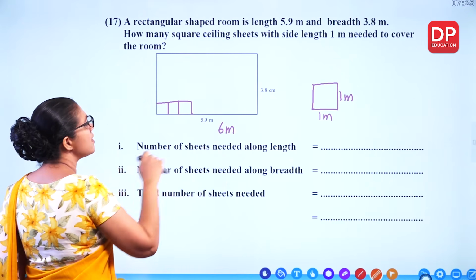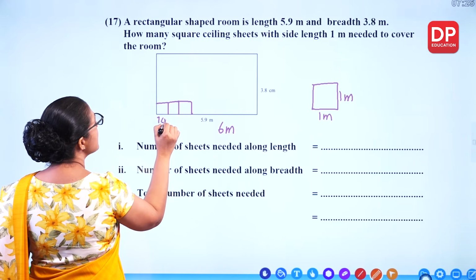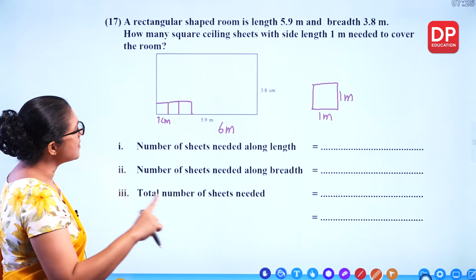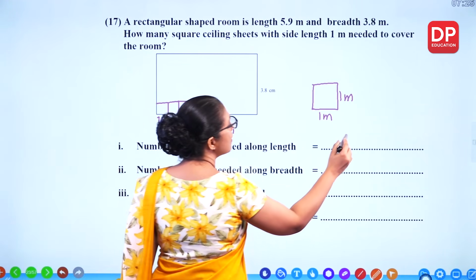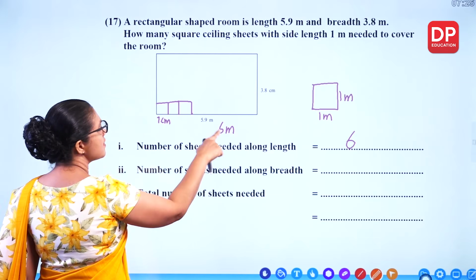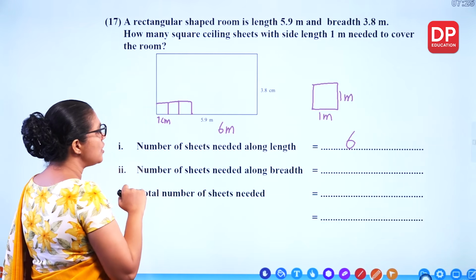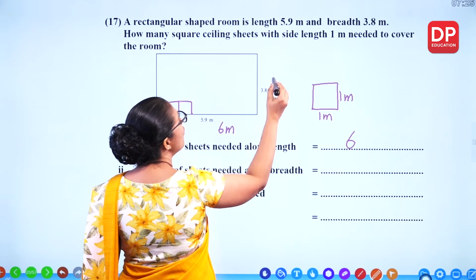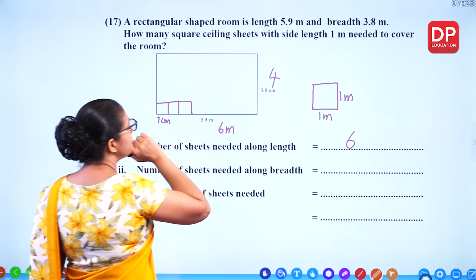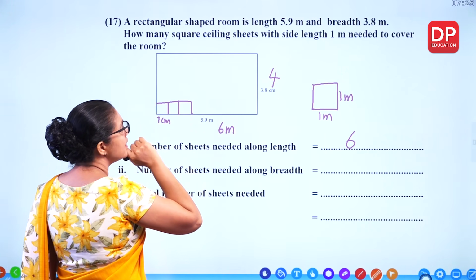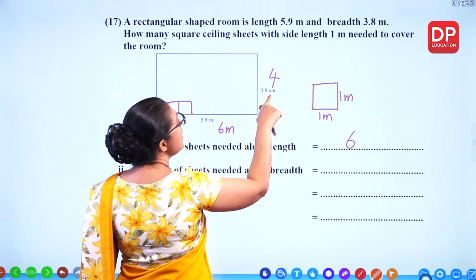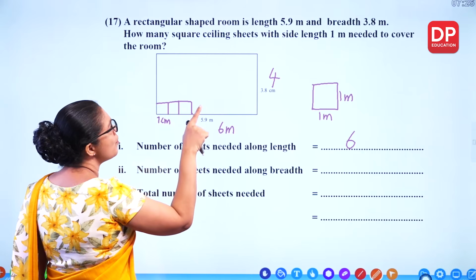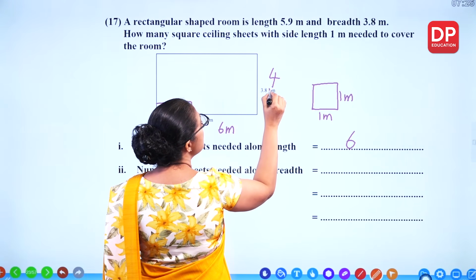So along this one, how many 1 meter squares we need? 6 along length because this is 6. How many sheets needed along breadth? This is 3.8. We can round it to 4. And this should be in meters, not centimeters because this is a room. So we'll take this is meters.